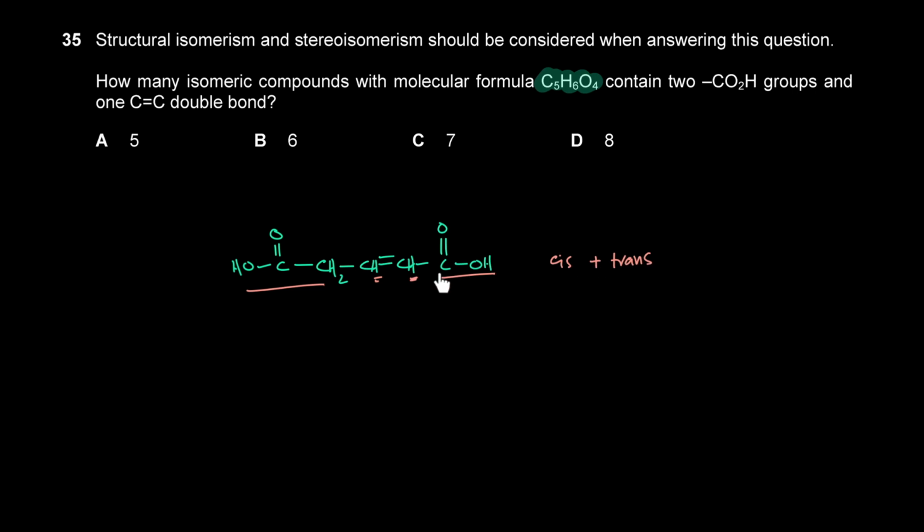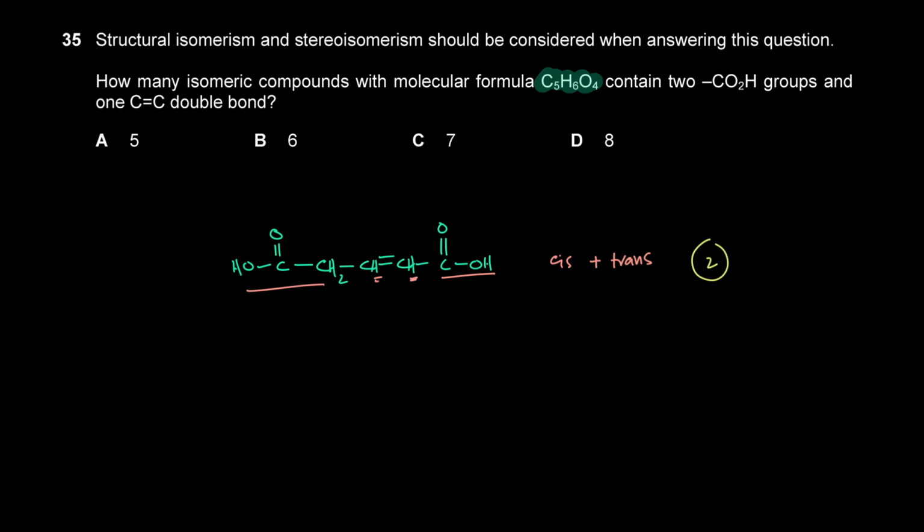There are going to be two different compounds that have this structure, the cis isomer and the trans isomer. And this is the only straight chain possibility, because the double bond can't go on the ends, so it can only go here or here, and those two are the same. Then we have the cis and trans forms of this.